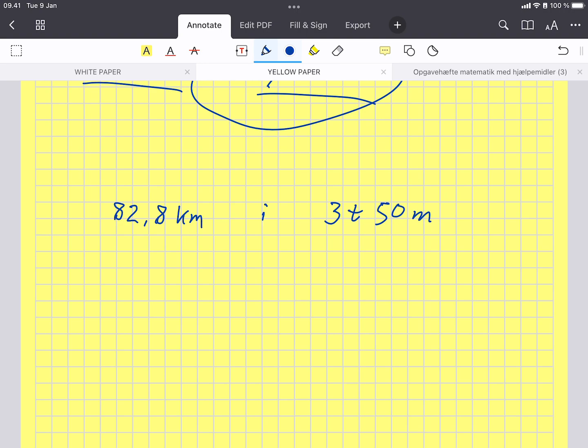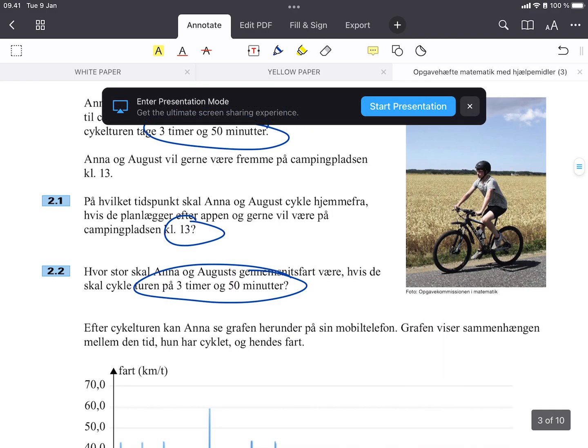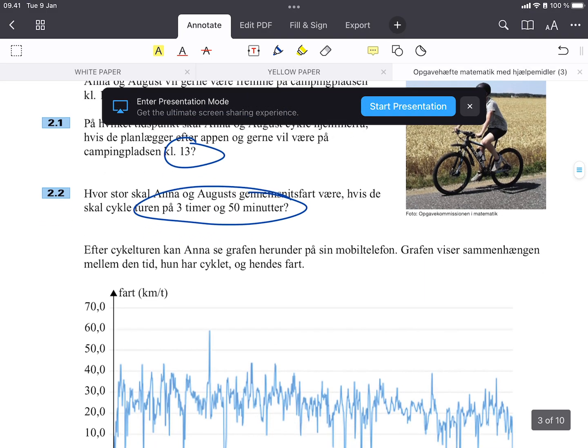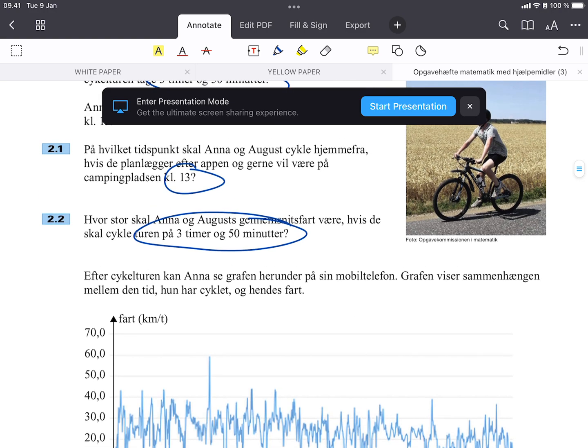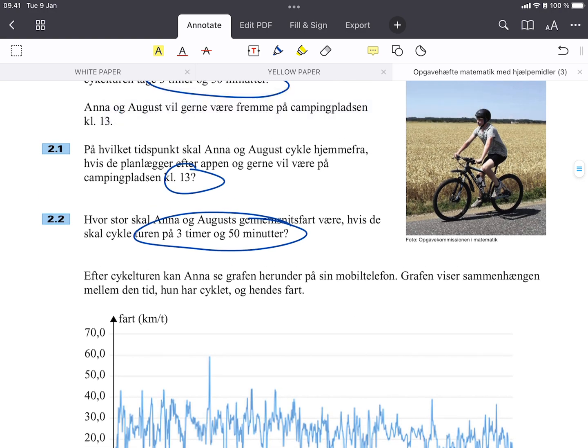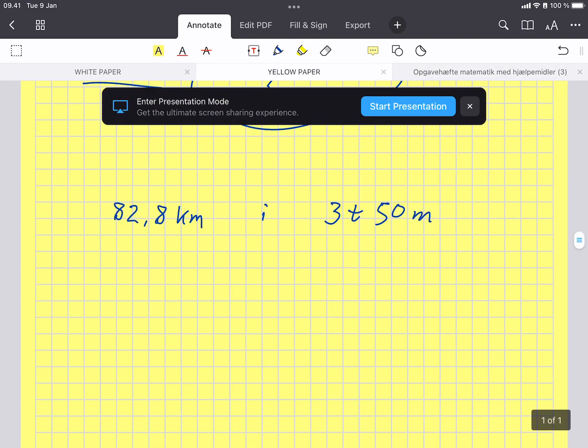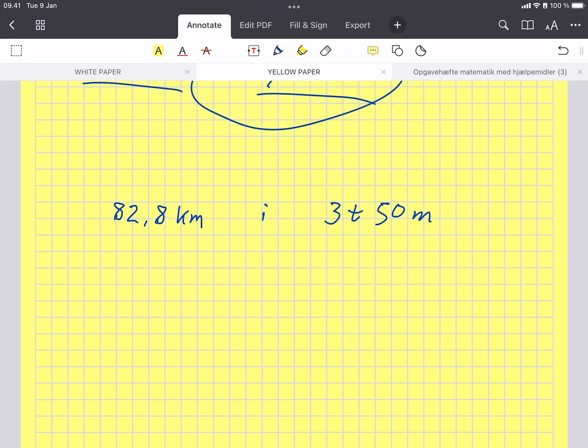And well, it would be a good idea to convert the 3 hours and 50 minutes into a single unit. And we want the average speed in, well, I guess we want it in kilometers per hour really. But I'm not going to try and convert 3 hours and 50 minutes into just hours just yet, because I've got the problem that there aren't 50 minutes in an hour.